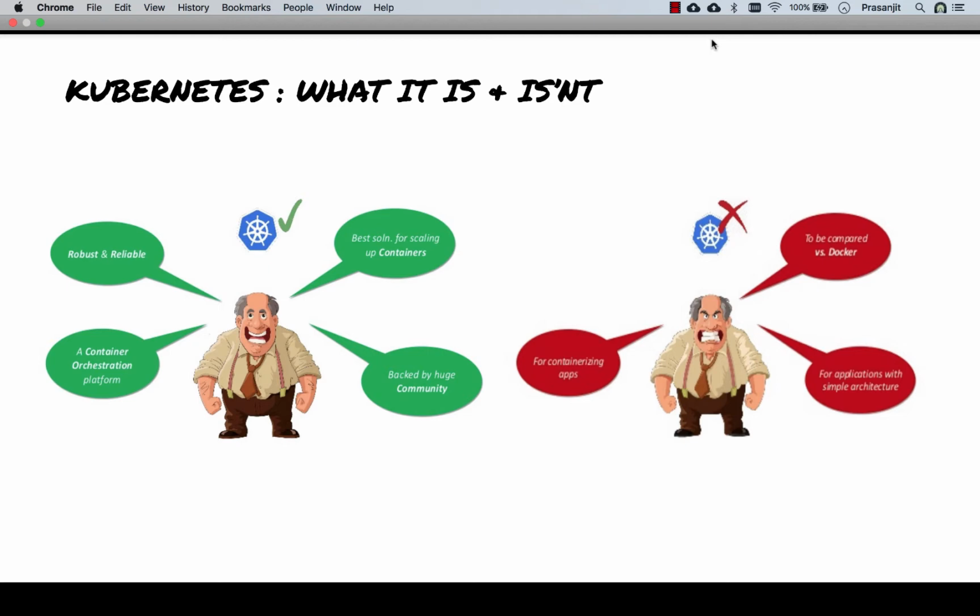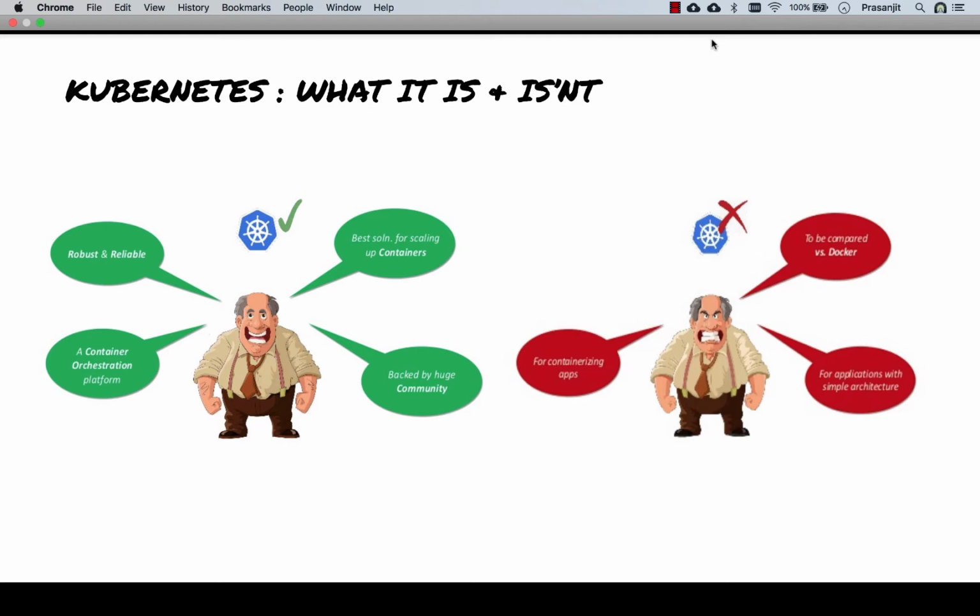So it's not for simple application architecture, and it's not a tool that you can use for containerizing apps. Mostly managers would say, why don't you break down our monolith software using Kubernetes and containerize it? No, Kubernetes is just an orchestrator that manages containers.